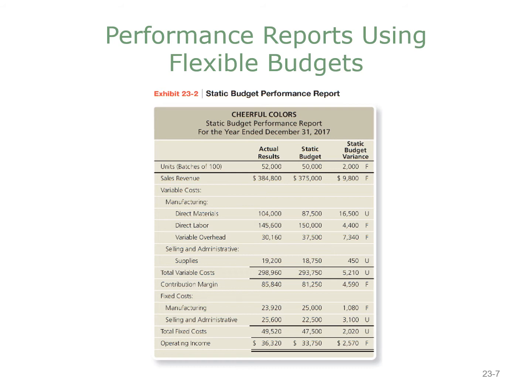Actually, this is one form of the flexible budget using the static budget variance. As you can see here, the static budget is 50,000 units or batches, and the actual result is 52,000. So we have a favorable variance of 2,000. Why is it favorable? Because we expected 50 and we achieved 52.